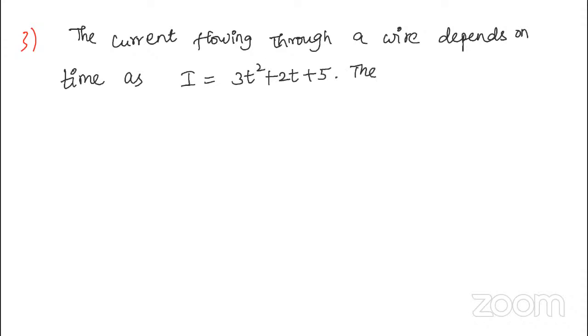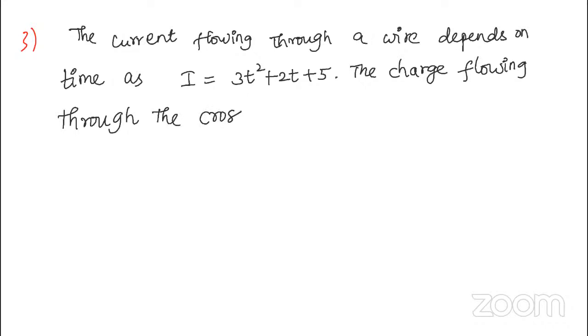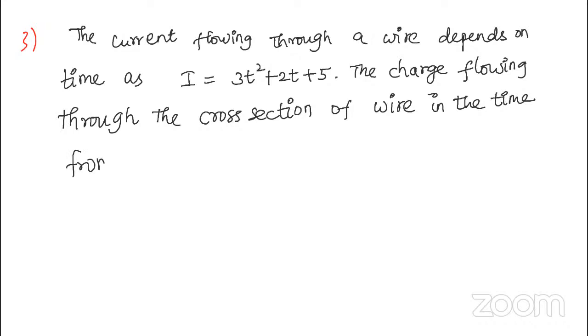The charge flowing through the cross section of the wire in the time from t is equal to 0 to t is equal to 2 seconds is what?